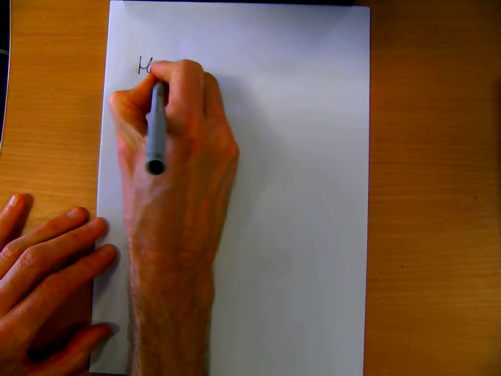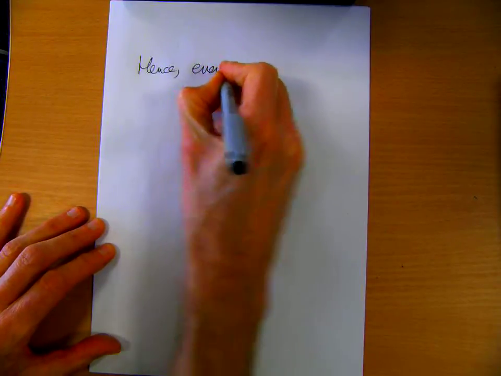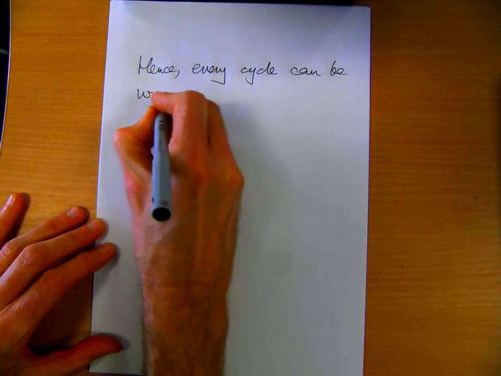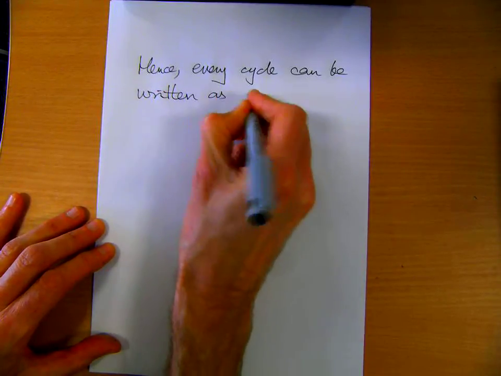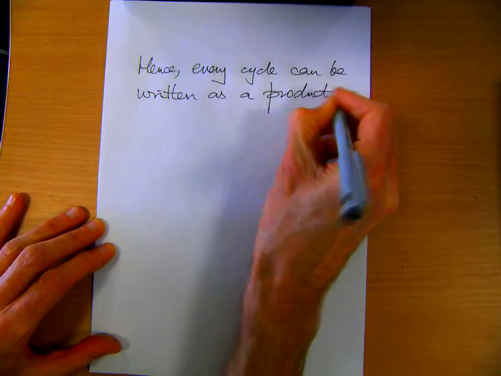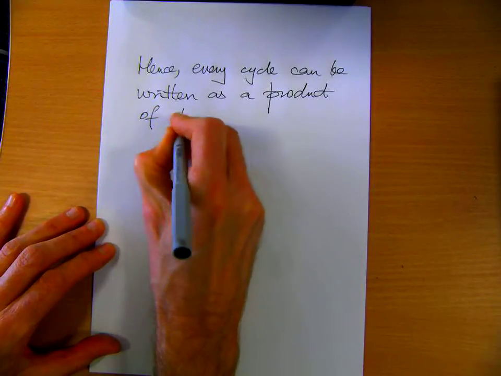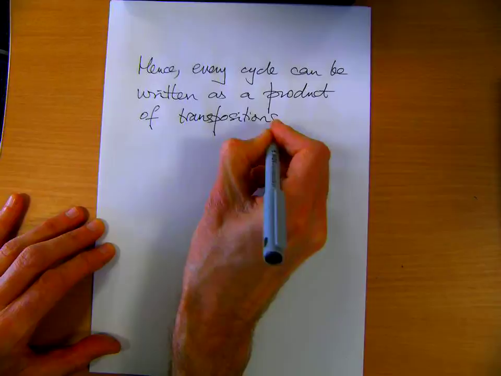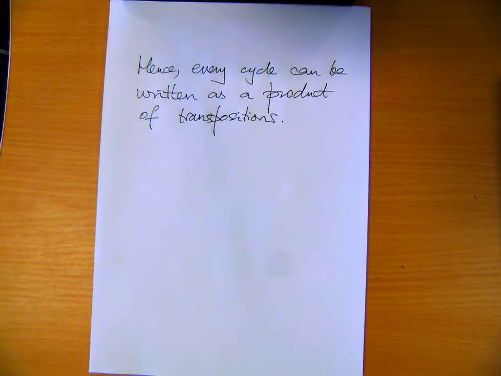So hence, every cycle can be written as a product of transpositions. But we also know that every permutation can be written as a product of cycles.